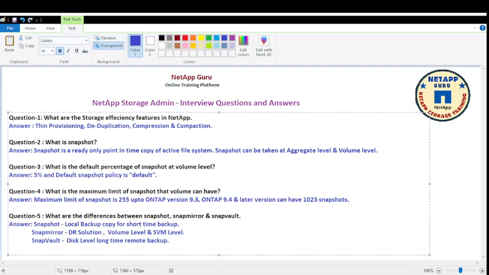Meaning SnapVault is a backup solution and SnapMirror is a DR solution. So if you want a DR solution, if your data is getting saved on one data center, and in case of any disaster, you want your secondary site to start working in production immediately within some time. That is a DR solution.